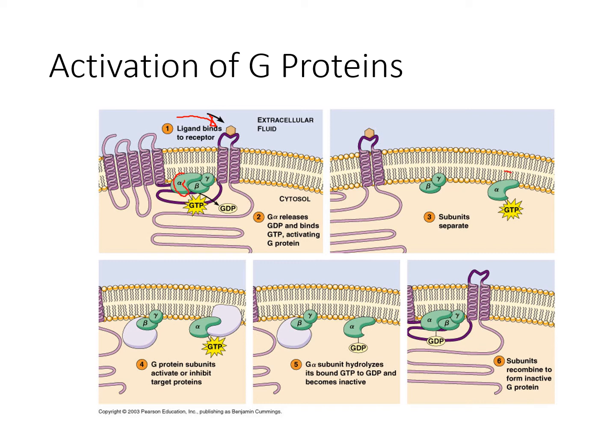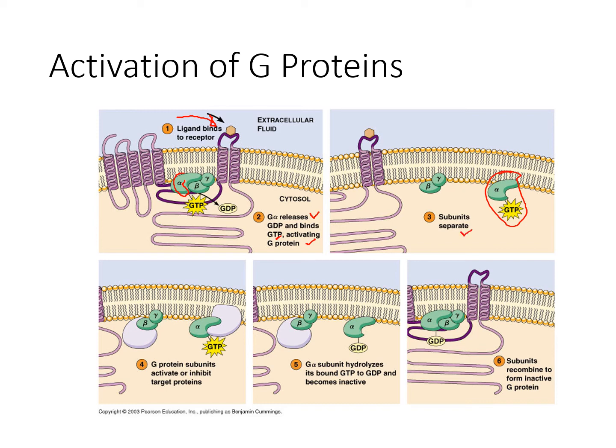So the alpha, beta, gamma complex of the G protein is dissociated: the alpha releases GDP and binds GTP, activating the G protein by separating the alpha subunit from the beta and gamma subunits.